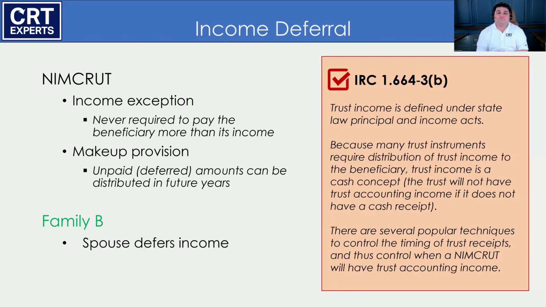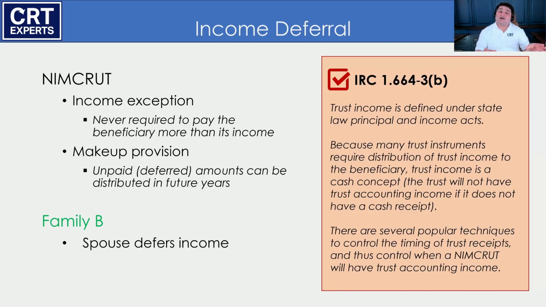So we're investing in a mixed portfolio. The interest, the dividends, the realized gains that would have to be distributed if the NIM CRT owned those assets directly, if those are all inside of that container, even though that's generating that income, the income's tracked on the tax return, the 5227 for the CRT, it doesn't have to be distributed until there's a cash distribution to the NIM CRT, because that's what's triggering the accounting income, is when it has that cash receipt.